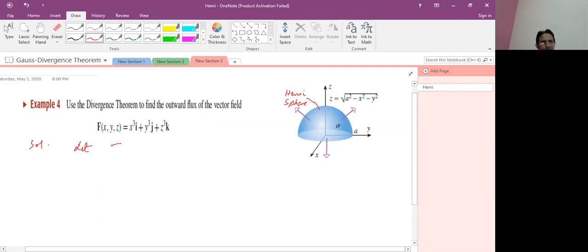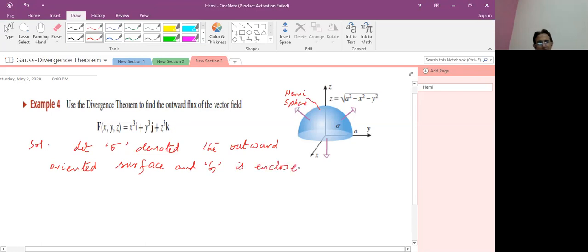Let sigma denote the outward oriented surface and G enclose the region.